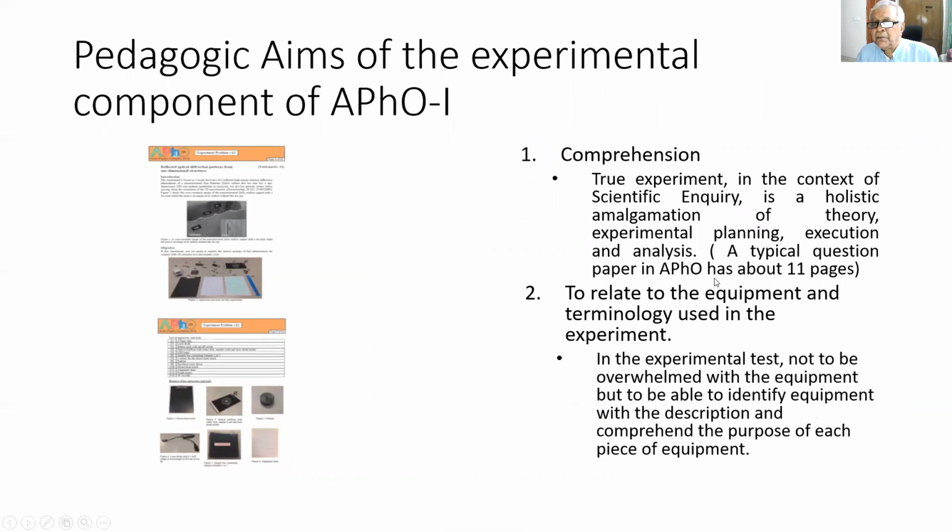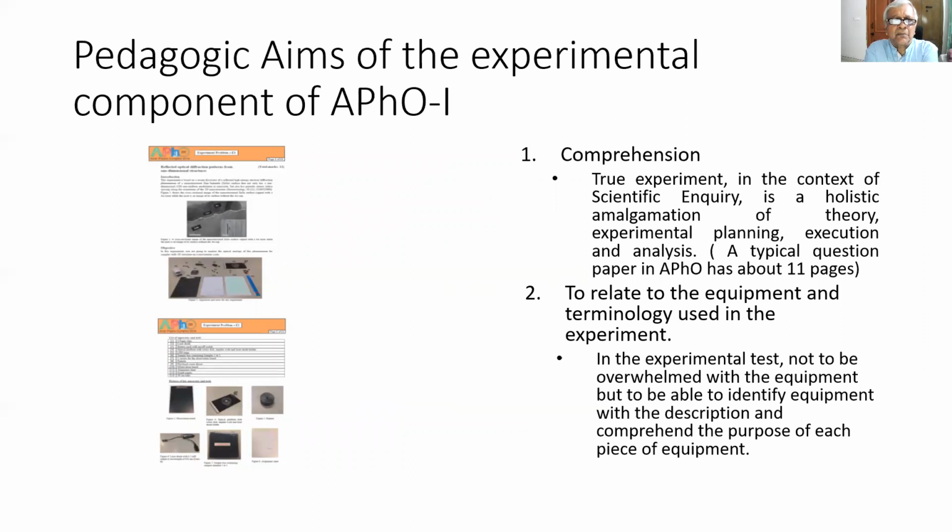The question paper is very detailed. It is a holistic amalgamation of theory, experimental planning, execution, and analysis. The student is supposed to go through all these 11 pages and try and understand what exactly is required from them.